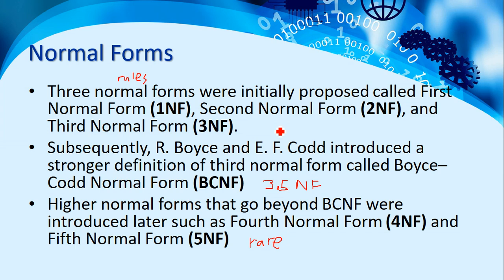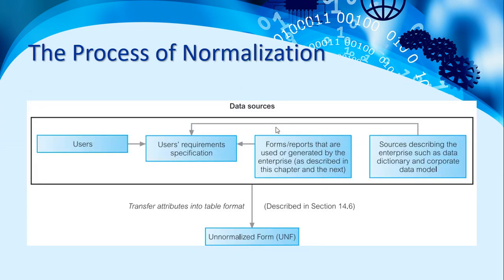Okay, so this is the visual diagram of the process of normalization. So from our data source, we will be able to extract the unnormalized form. So yung nangyayari is from the data source we transfer the attributes into table format.